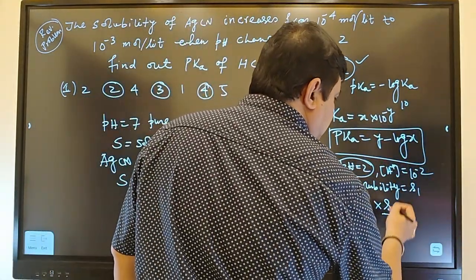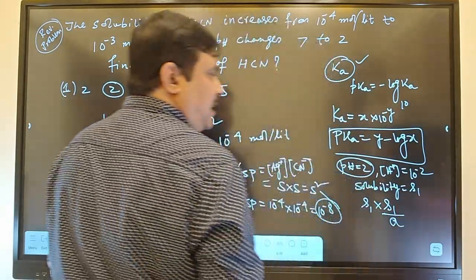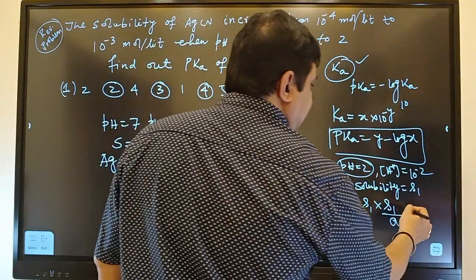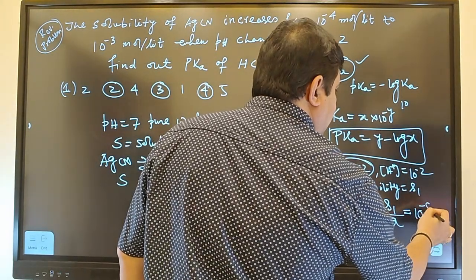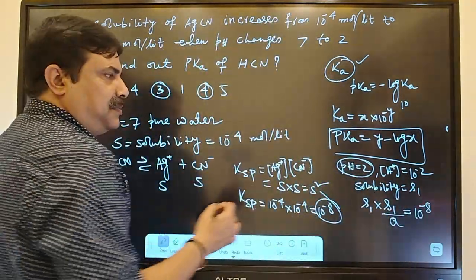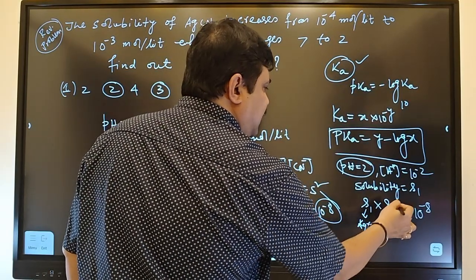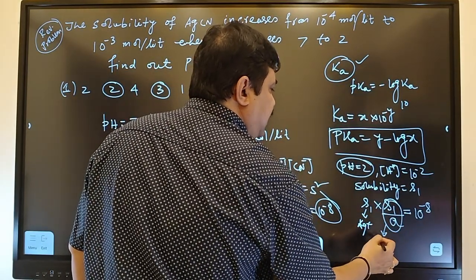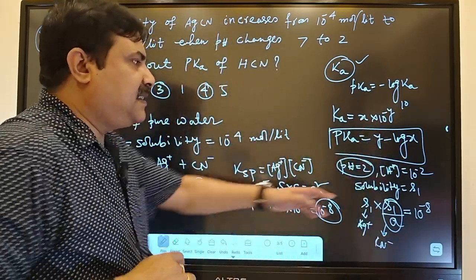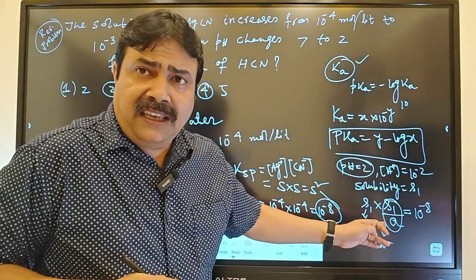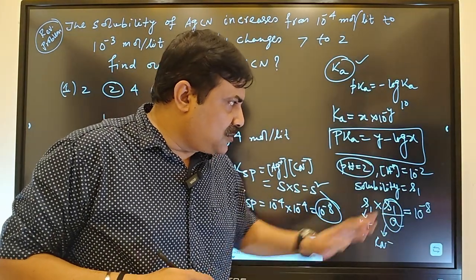Call that 10 power of 7 as A. So S1 into S1 by A equals the Ksp value, which is 10 power of minus 8. This S1 represents the silver ion concentration, and S1 by A represents the cyanide ion concentration. That time we did it the same way, S1 by 10 power of 7, and I told A equals 10 power of 7.